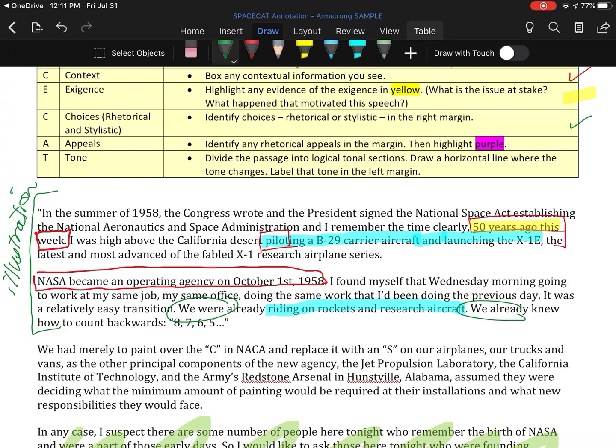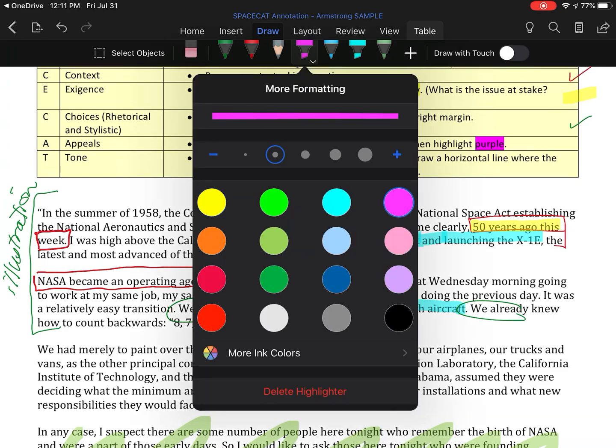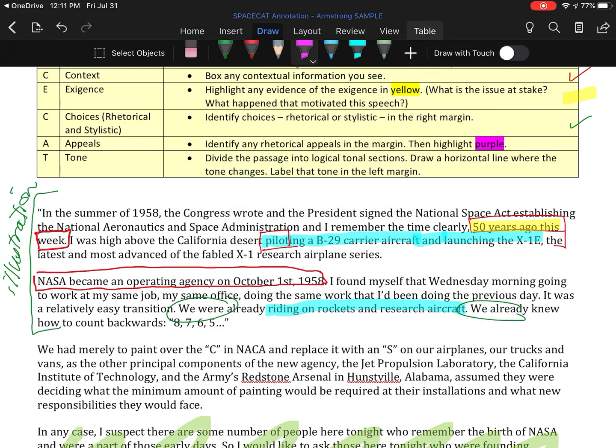Right off the bat in these first two paragraphs, we don't really have an example of a rhetorical appeal yet, except, sorry, I'm going to undo that one, go on a little rogue at the end there.